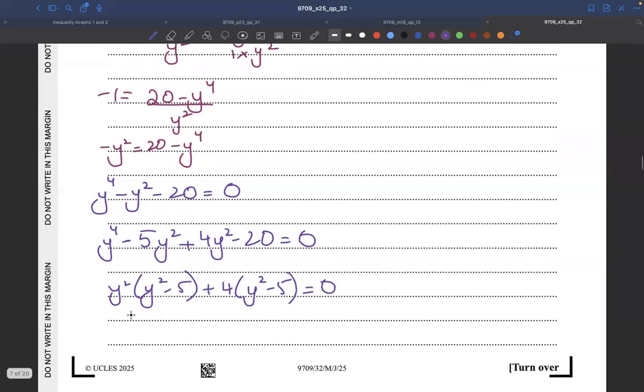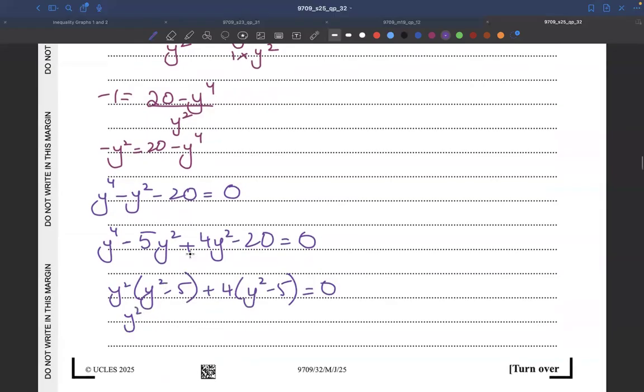So we'll get y square plus 4 equals 0 and y squared minus 5 equals 0. Now, as x and y are real numbers, y square equals -4 will not be possible, as the square root of a negative number is not possible if it is real. And y squared is equal to 5, so y would be equal to square root of 5.